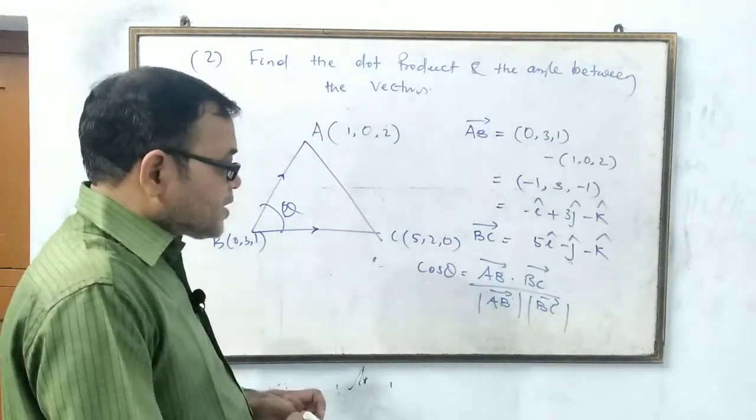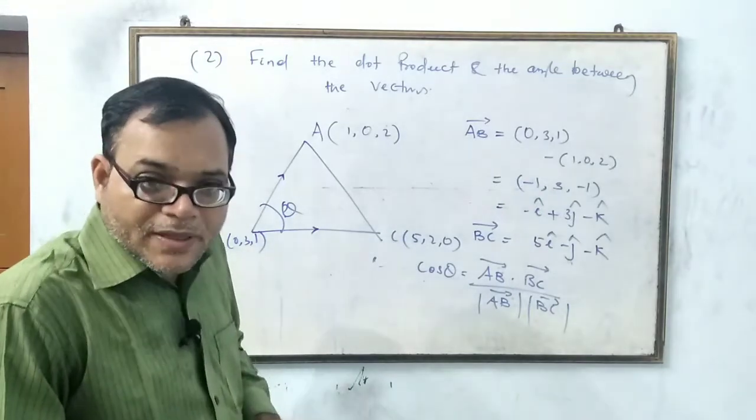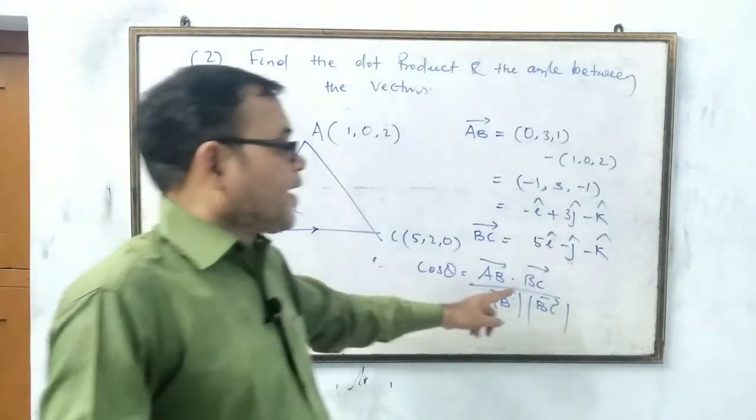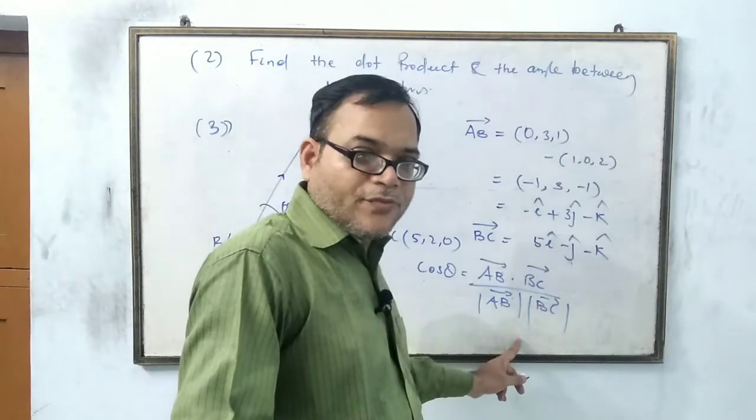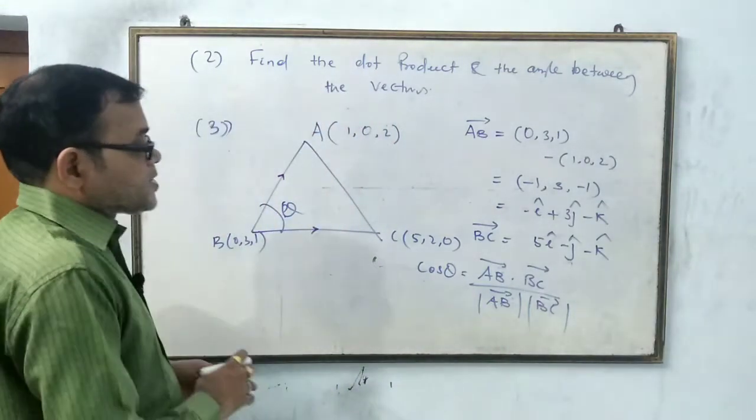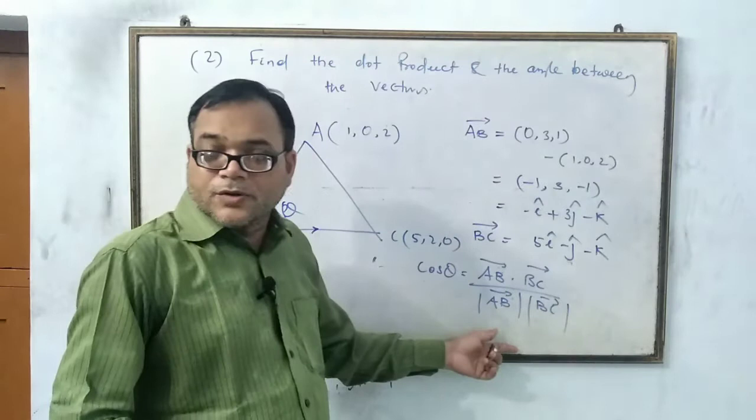If the angle is included between two vectors A and B, then cos theta equals A dot B by magnitude of A into magnitude of B.